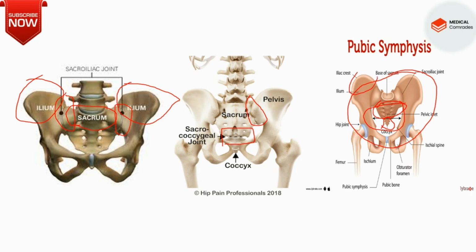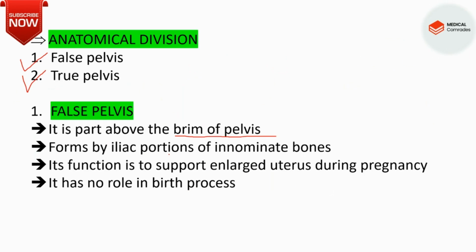This is the false pelvis outside, which you can see. It is formed by the iliac portions of the innominate bones. Its function is only to support the enlarged uterus during pregnancy. It has no role in the birth process.